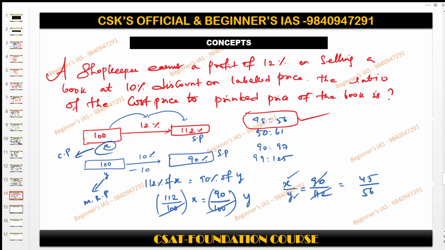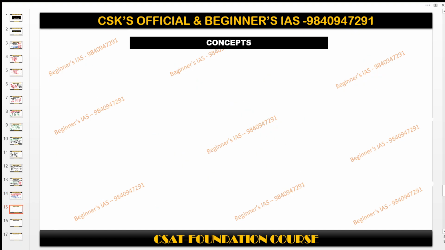Now the question. You have learned some concept here. We have done one problem also here. So now we are going to do some extension of that concept itself. Now listen carefully. Manika bought apples at the rate of 8 for rupees 34.